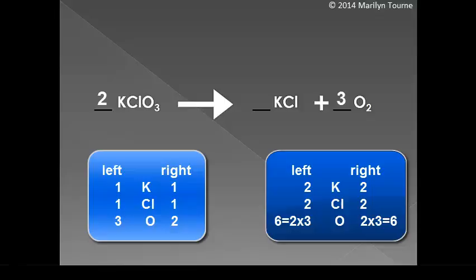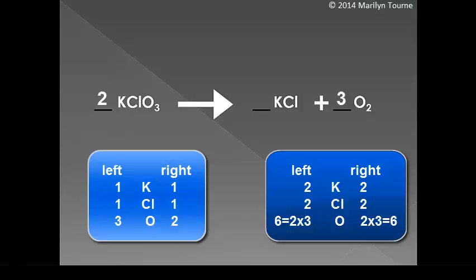So I can put that 2 as a coefficient in front of potassium chlorate. That, of course, would change the amounts of chlorine and potassium that I have as well. So we have to denote that. Now, if I put the 2 in front of the potassium chlorate, that means I've changed my potassium atoms to 2, and I've also changed my chlorine atoms to 2. So I have to take care of that on the other side as well.